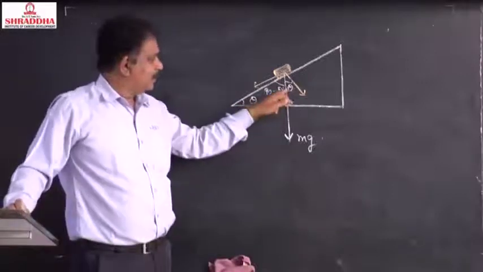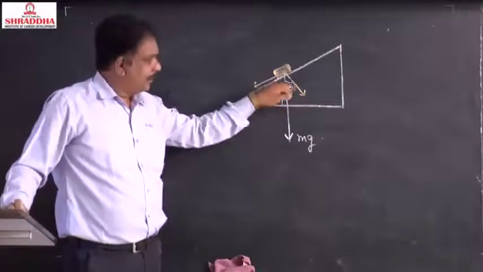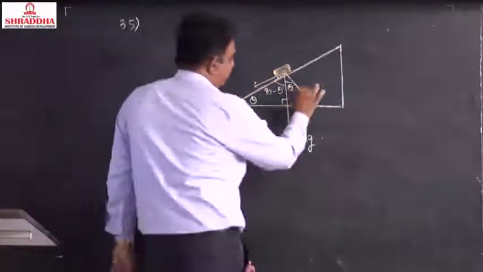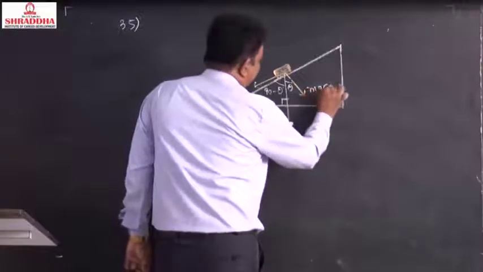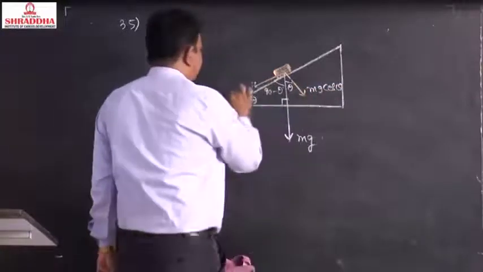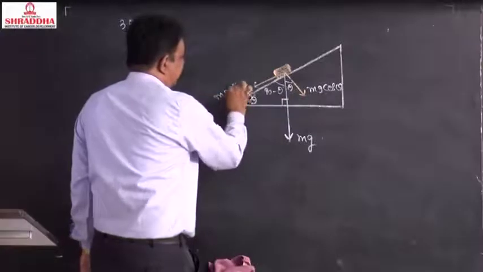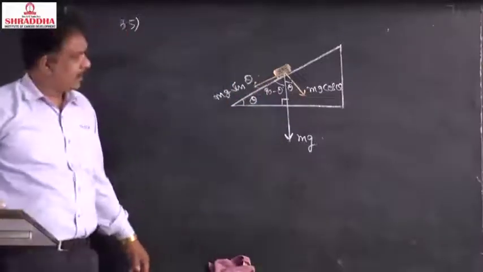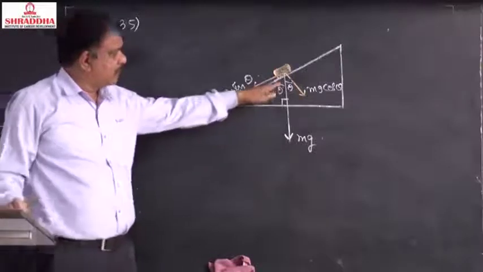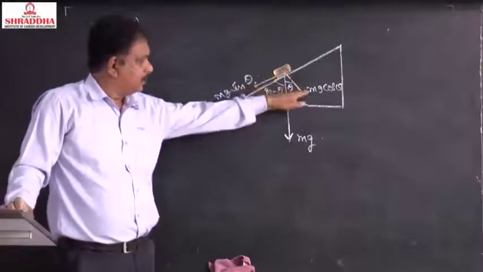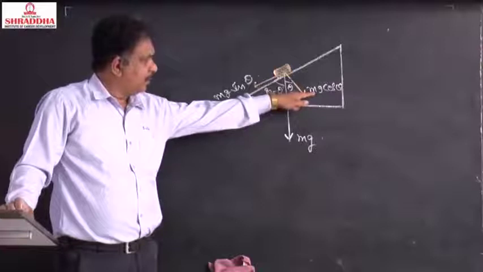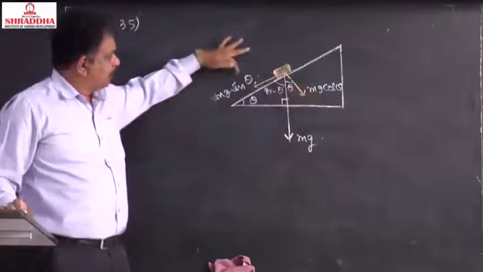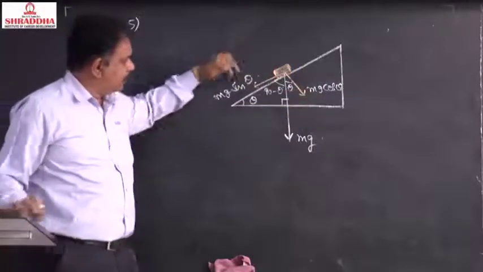Since this is theta, this component will be mg cos theta and this component will be mg sin theta. Clear?